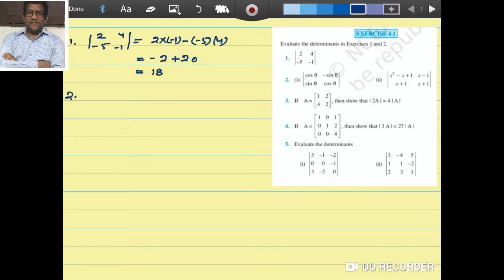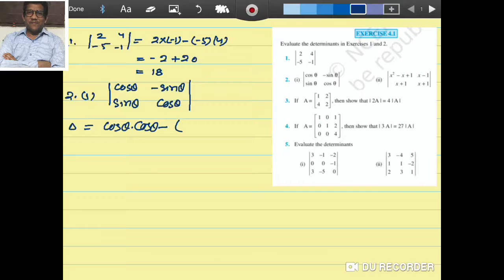Next, second one, first determinant cos theta minus sin theta, sin theta cos theta, is equal to cos theta into cos theta minus sin theta into minus sin theta, that is cos square theta plus sin square theta. Cos square theta plus sin square theta is equal to 1.